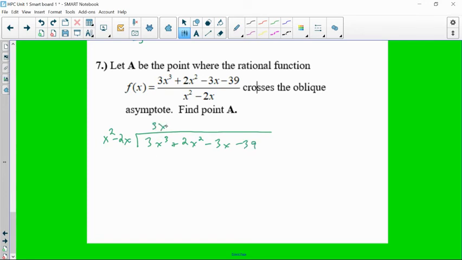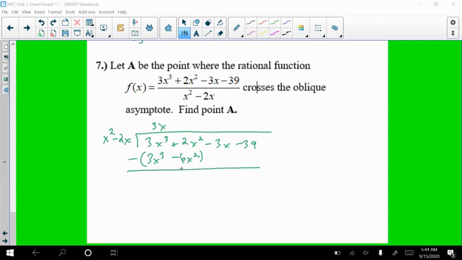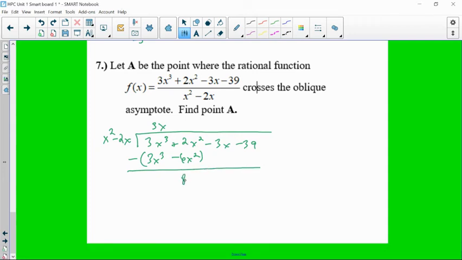So then I do the math. It'd be 3x. 3x times x squared is 3x cubed, and then there's a negative 6x squared. I made a mistake last night, so I'm nervous about doing this arithmetic here. 2 minus negative 6 is 8. So I have 8x squared, drop down the negative 3x, drop down the 39.